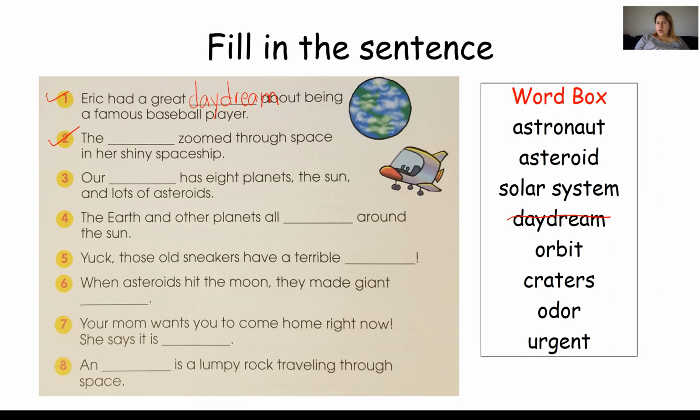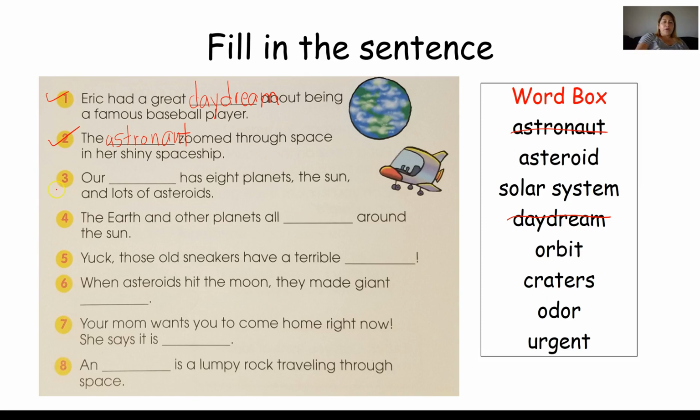Astronaut, asteroid, solar system, orbit, craters, odor, or urgent. Very good. Astronaut. So that's a pretty long word, boys and girls. I'm going to try to write it small, see if it fits. Okay. So I'll read it again in the sentence. The astronaut zoomed through space in her shiny spaceship.